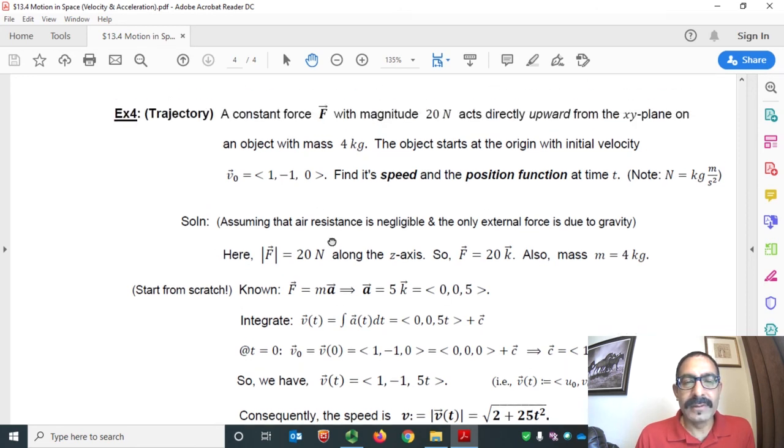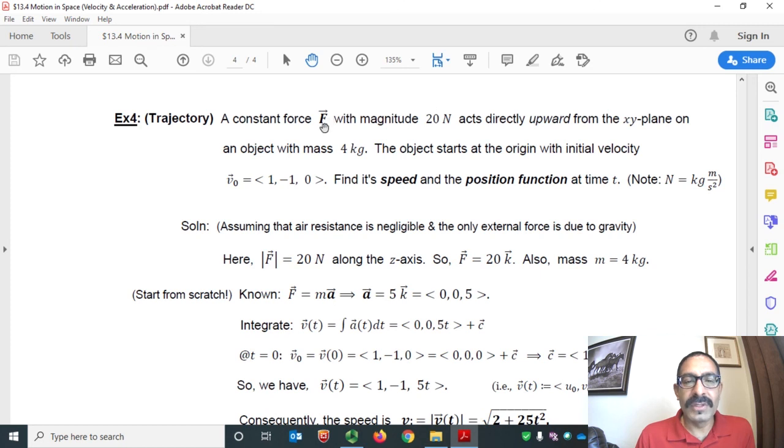So here the magnitude of force is 20 N along the z-axis, so force equals 20 k, also mass equals 4 kg. So now start from scratch. So we know force equals mass times acceleration, Newton's second law of motion. Then acceleration turns out to be 20 divided by 4, which is 5 in the direction of k, which is the vector with components 0, 0, 5.